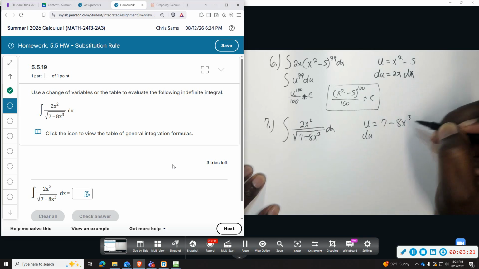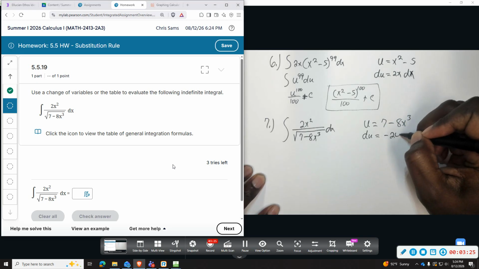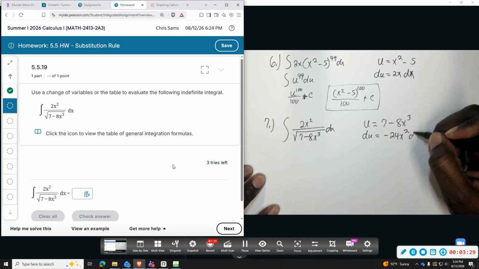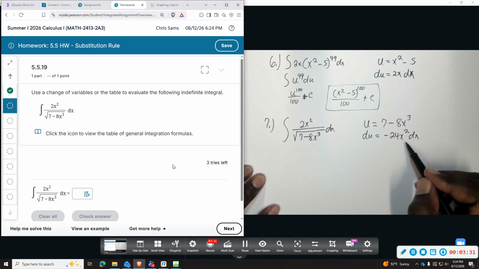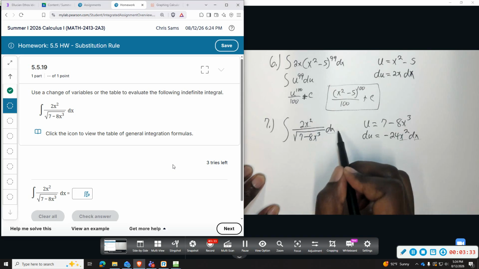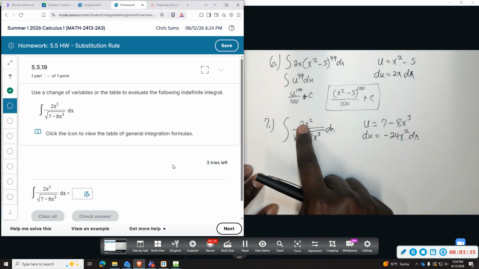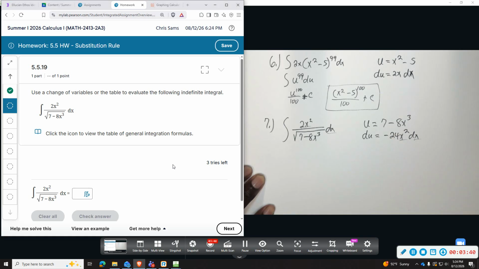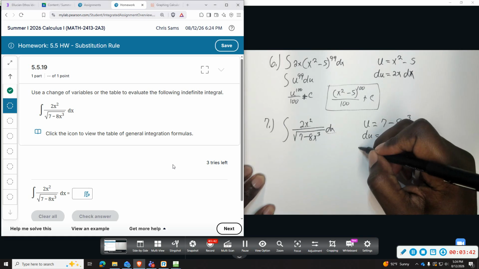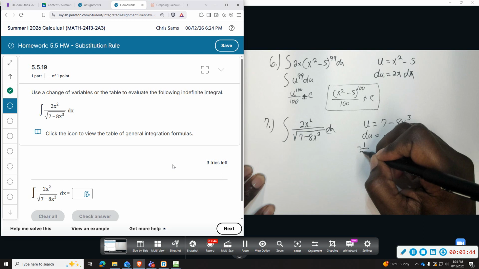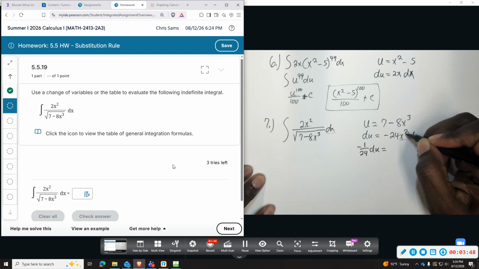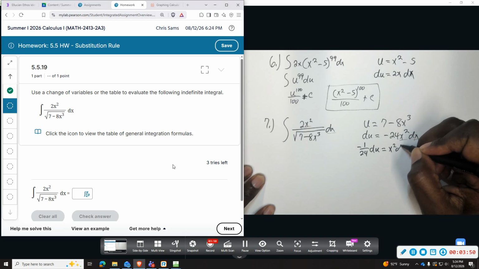Derivative of u, derivative of a constant is 0, negative 24x squared dx. Alright, so I have an x squared dx, but don't have a 2. So this 2 I'm going to pull out, and then this 24 I'm going to have to divide it. So we're looking at negative 1 over 24 du is equal to x squared dx.